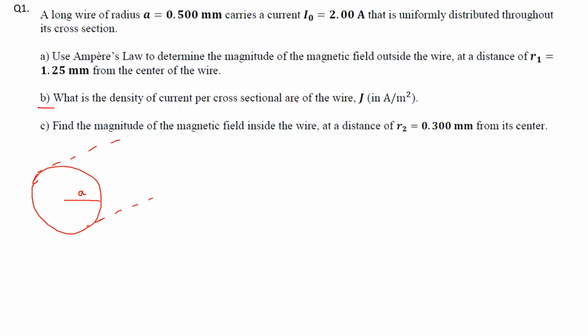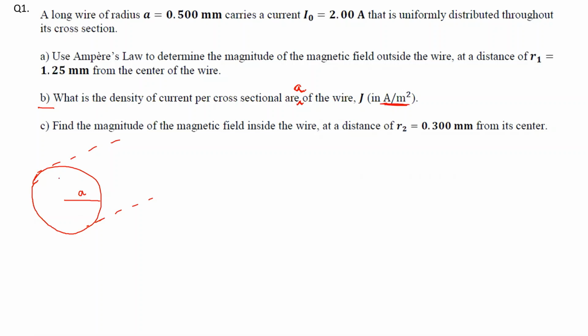They are asking for the density of current per cross-sectional area of the wire, in these units.